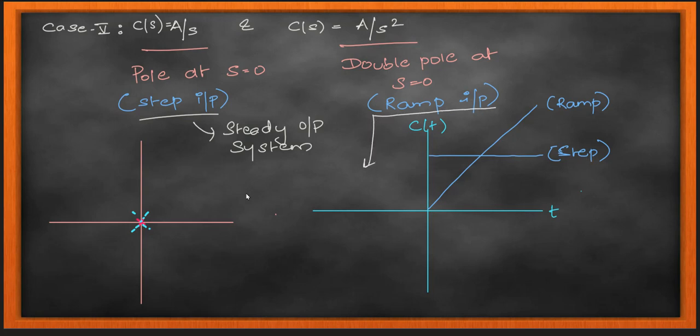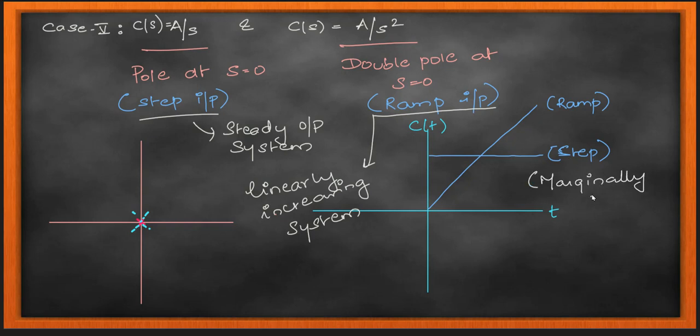What happens is, if my step response is giving a constant value for a time which is within bounds, then it is a stable system. Let's say t is equal to 100. So that t equal to 100 makes it a bounded system. I can contain this step and ramp within that t equal to 100. So that is your stable system. Let's say my t is from 0 to infinity.